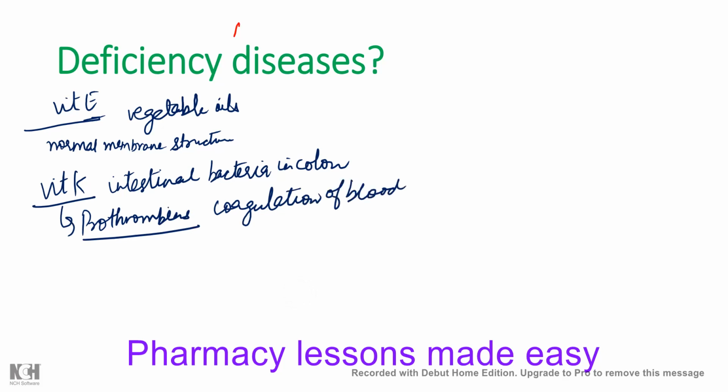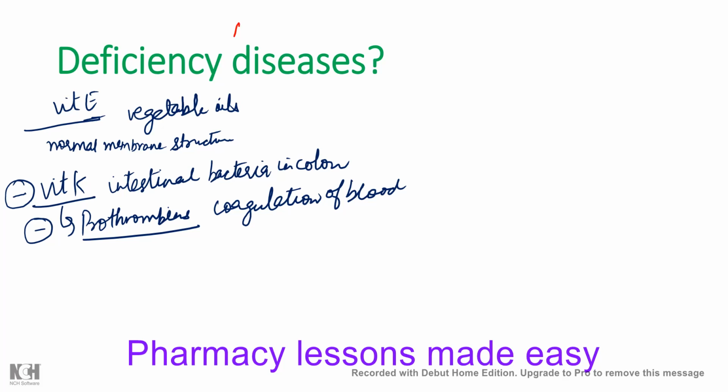Okay, if vitamin K is deficient in the blood, prothrombins will not be produced. That may lead to prolonged bleeding time. As an example, blood coagulation factor will not be formed.